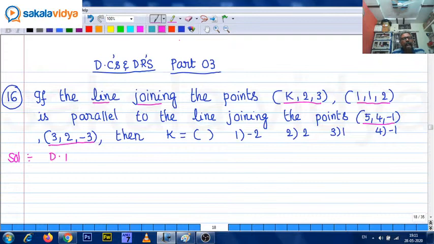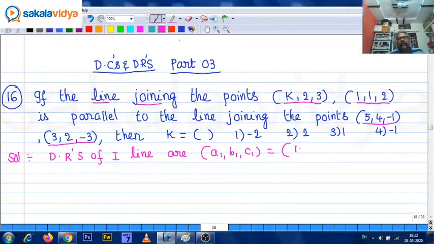DRs of the first line are, say, a1 comma b1 comma c1 equals k minus 1, because x2 minus x1, y2 minus y1, z2 minus z1: 2 minus 1 is 1, 3 minus 2 is 1.